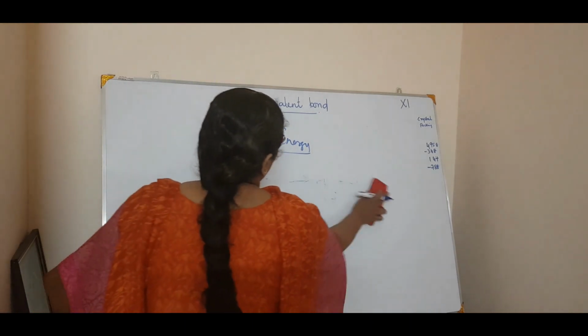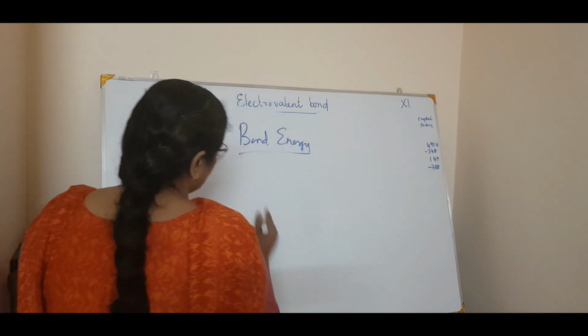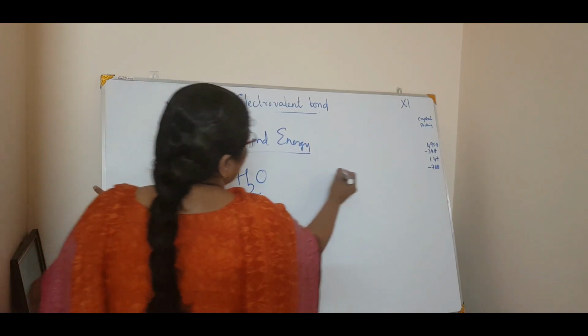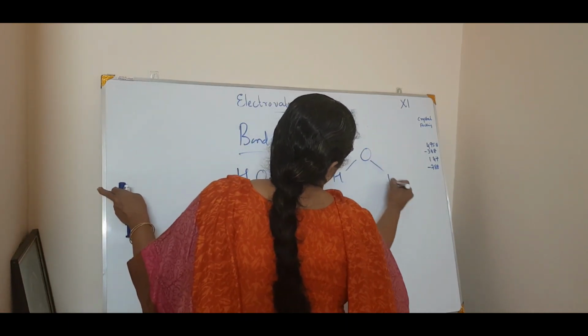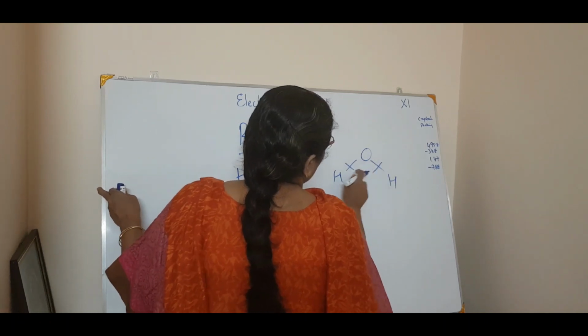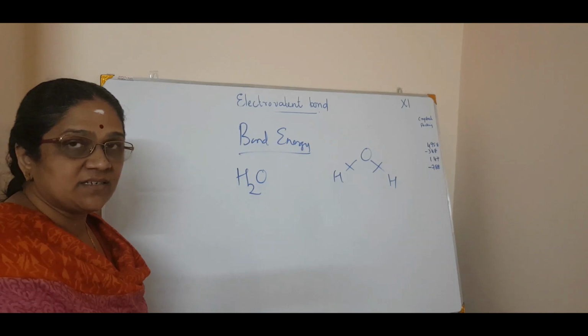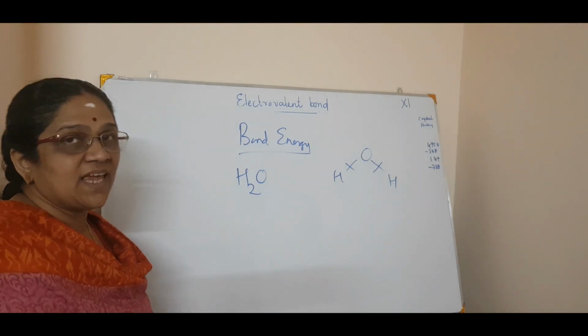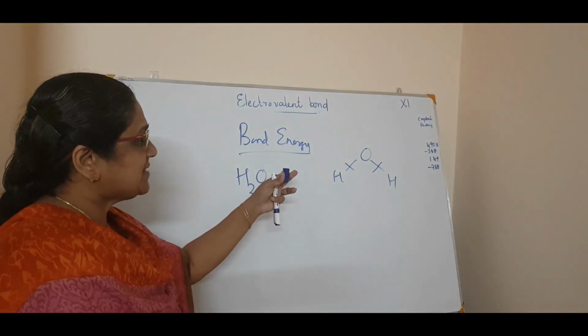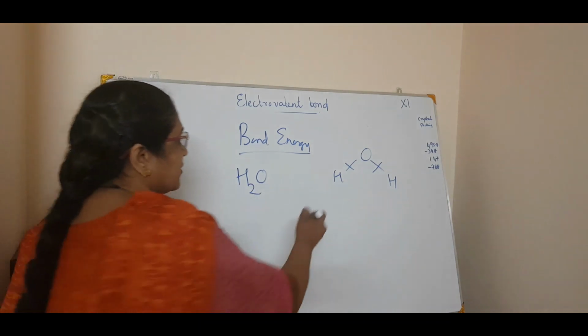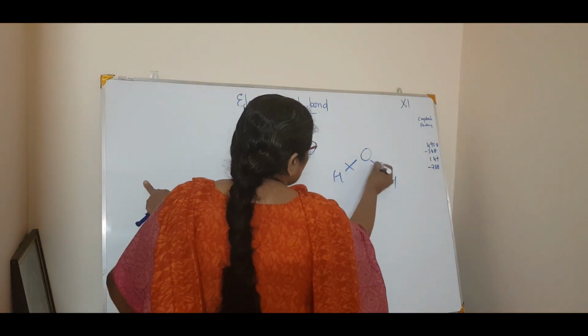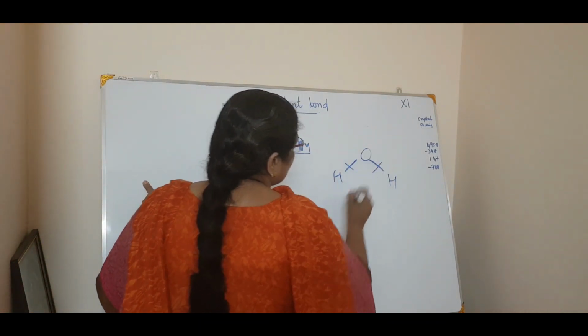But when you talk about water, that means oxygen, hydrogen and hydrogen, the energy required for the breaking up of these two bonds is different. It is not the same. For example, if X kilojoule per mole is required for this OH bond to break, it is not X for this one.